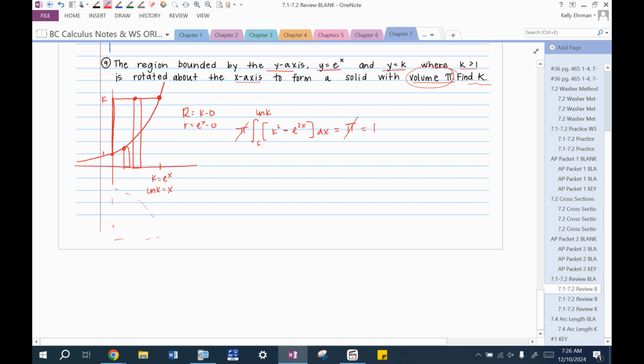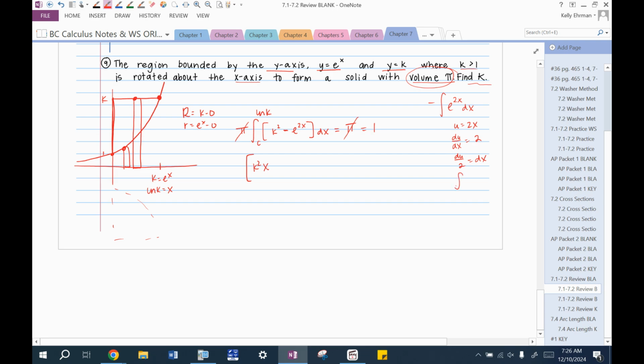And then I need to integrate here. So remember, k squared is a constant. So when you integrate a constant, you get that constant times the variable, which is x. And then what about this minus integral of e to the 2x? So remember, there's a little bit of u sub happening here. U is 2x. du/dx is 2. That means du divided by 2 is dx.